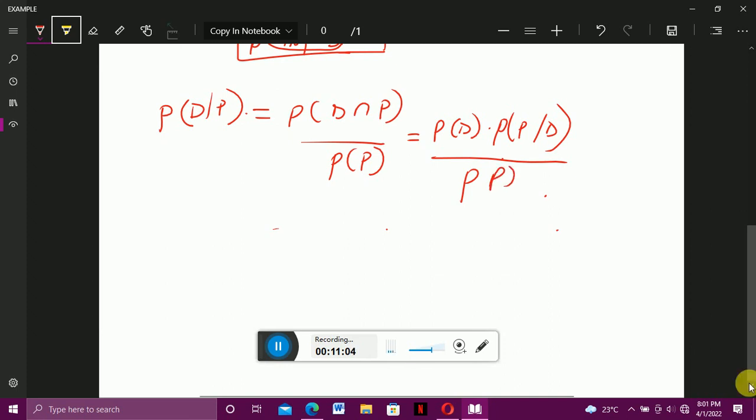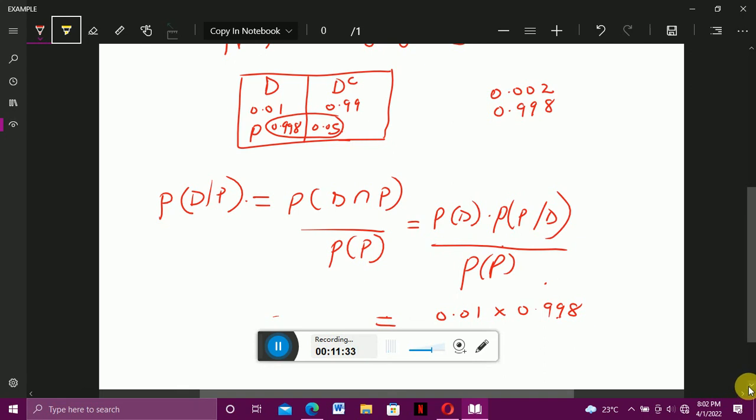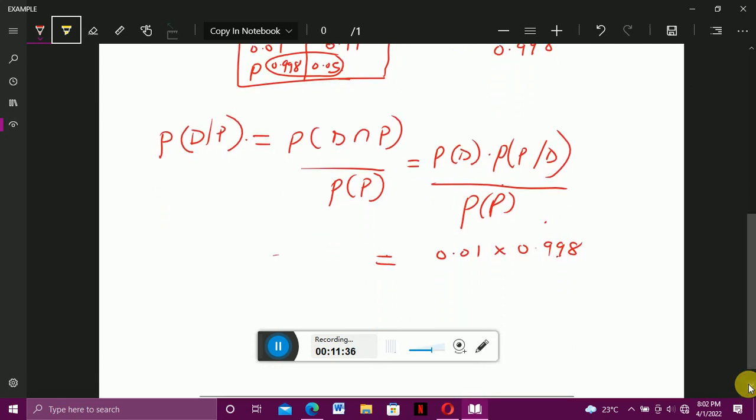Remember, we already know the probability of getting a positive result. So what we need to do is get the probability of a person having the disease, which is 0.01, times the probability of being positive given that you have the disease, which is 0.998, and this we divide by the total probability that we have already found, which is 0.05948.